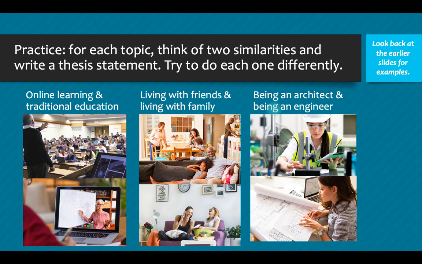So why don't you pause the video and maybe scroll back along the time and look back at the earlier slides for some examples and write your three thesis statements. When you're done, I'll go on to the next screen.